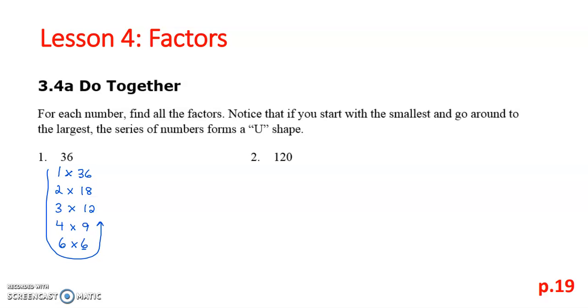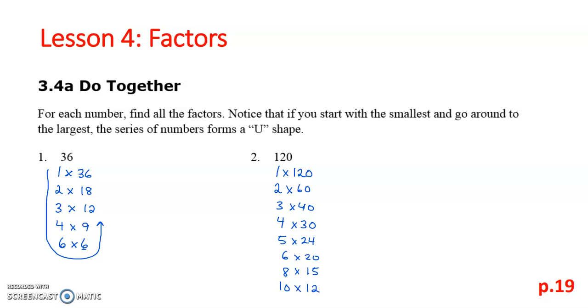120 has a lot of factors. So we go one step at a time. 1 times 120. 2 times 60. 3 times 40. 4 times 30. 5 times 24, 6 times 20, 8, there's no 7, 8 times 15, and 10 times 12.